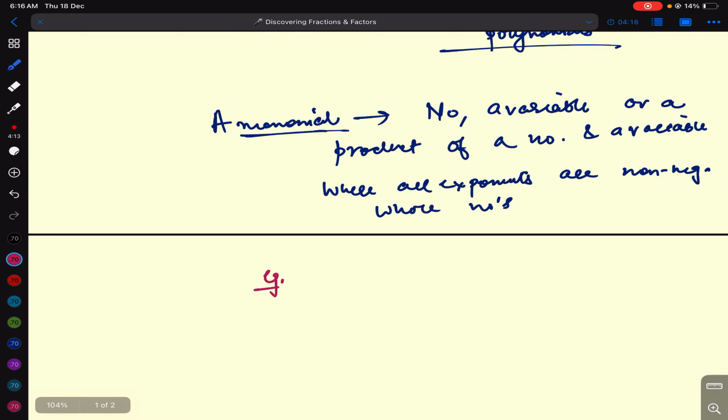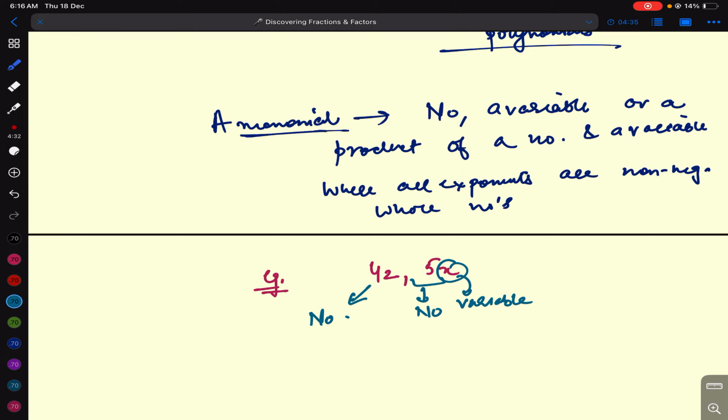I'll give you the examples of a monomial. The first is 42, which is a number. Then 5x, which is a product of a number as well as a variable. Here this is a number and this is a variable, right? This is only a number, correct? The third example is 14x squared. Here 14 is a number, x squared is a variable, and what is the exponent of the variable?